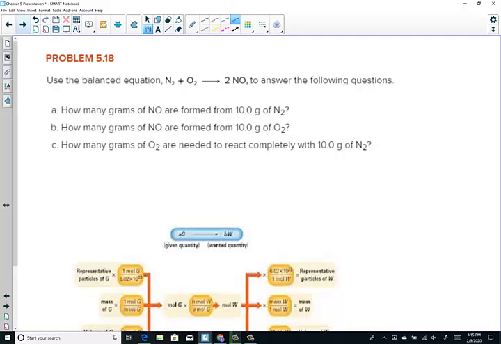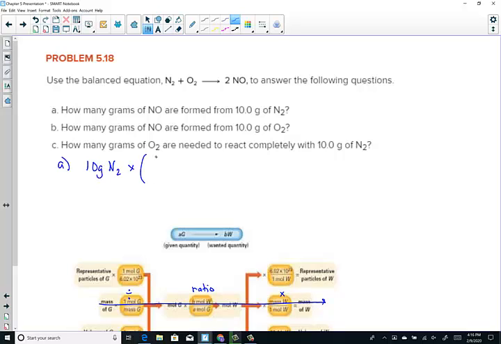The next question used an equation of 1 nitrogen plus 1 oxygen yields 2 NOs. These are all mass problems. So you can see you're going straight across the stoichiometry roadmap. You divide, you ratio, you multiply. In letter A, we're given 10 grams of nitrogen.